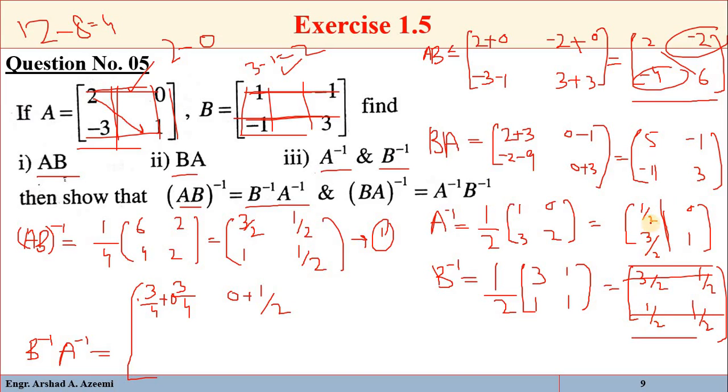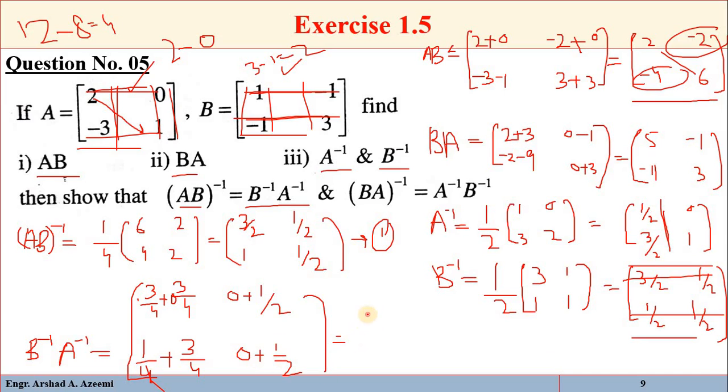So 1 by 2 multiplied by 1 by 2, so it is 1 by 4, plus 1 by 2 multiplied by 3 by 2, so it is 3 by 4. Now second row with second column, 1 by 2 multiplied by 0, it will be 0, plus 1 by 2 multiplied by 1, it will be 1 over 2.